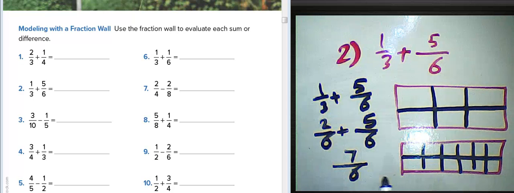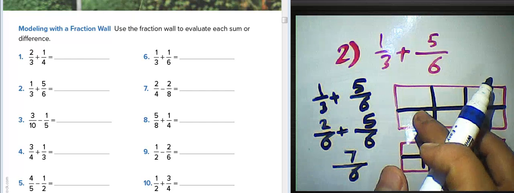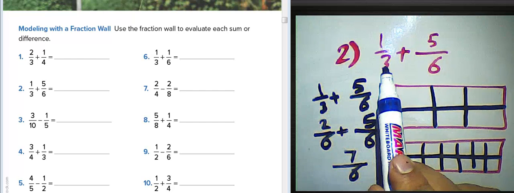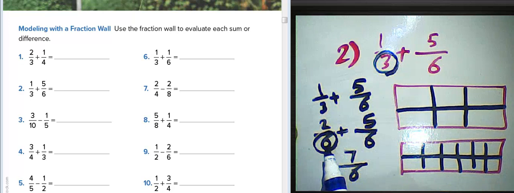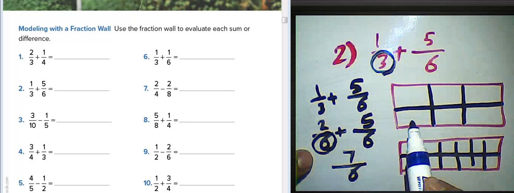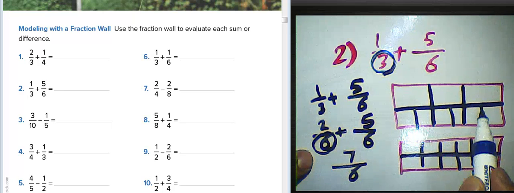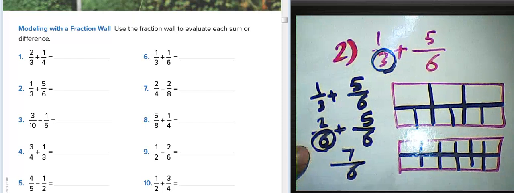And then we must divide this part into 2 parts. Why? Because 3 changes to 6. Understood? 3 changes to 6 by multiplying by 2. Then we must divide this part into rectangles or squares.